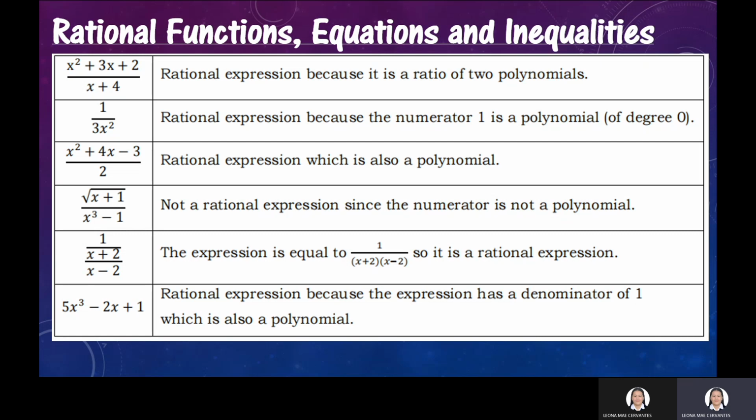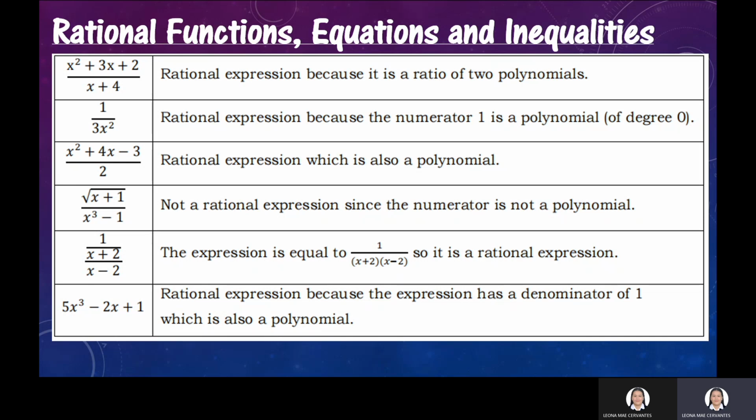Square root of x plus 1 over x cubed minus 1 is not a rational expression since the numerator is not a polynomial. Square root of x plus 1 is not a polynomial because it is inside the radical.